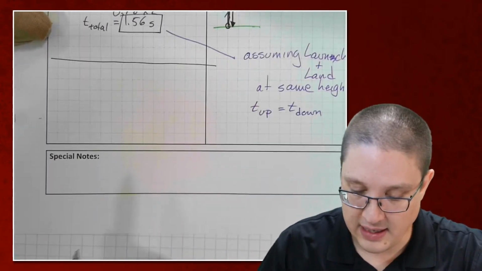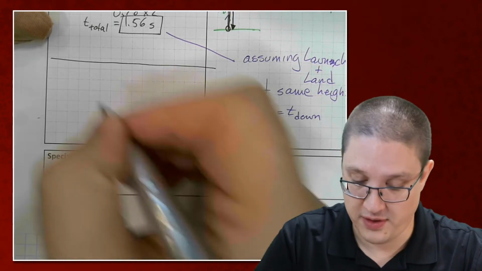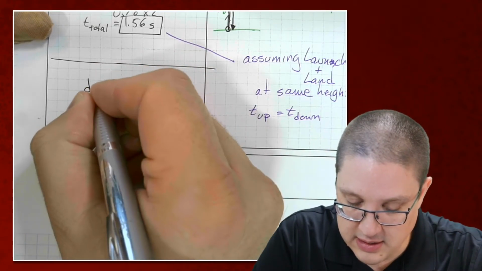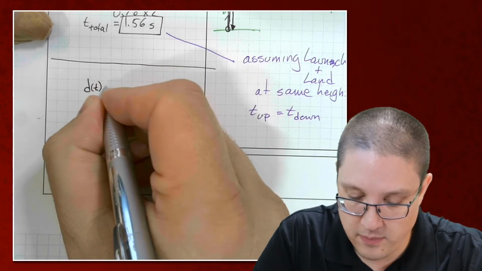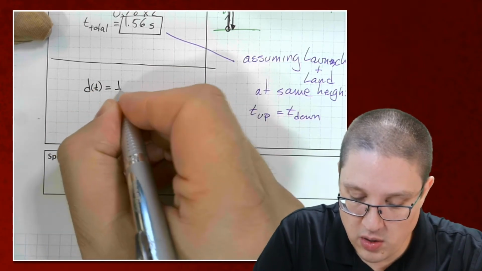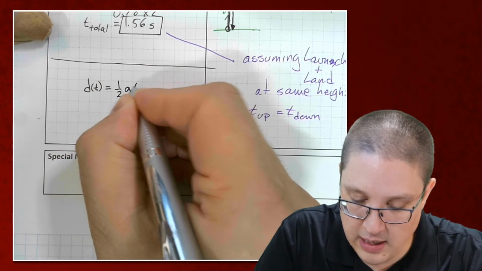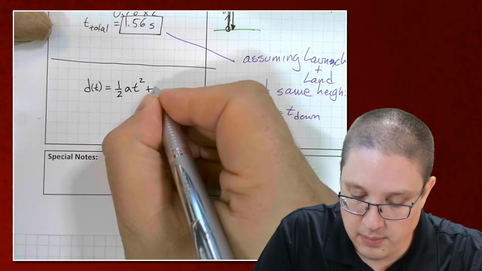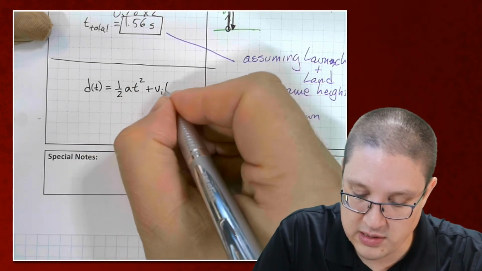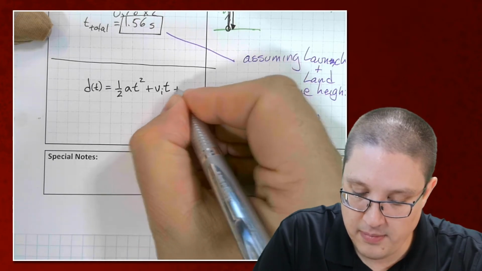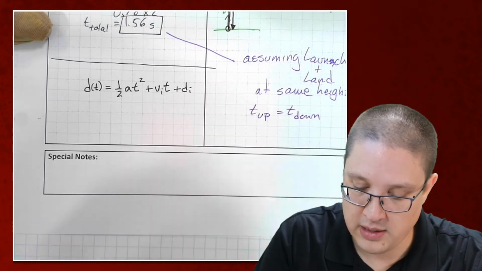If I add in the rest of this, the distance as a function of time is equal to 1/2 a t squared plus my initial velocity times time plus my initial distance.